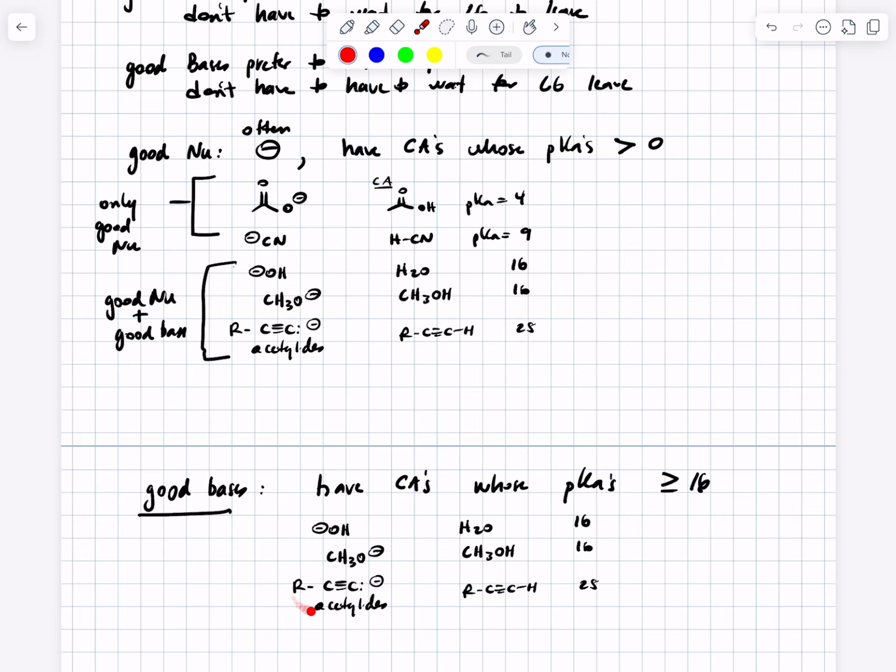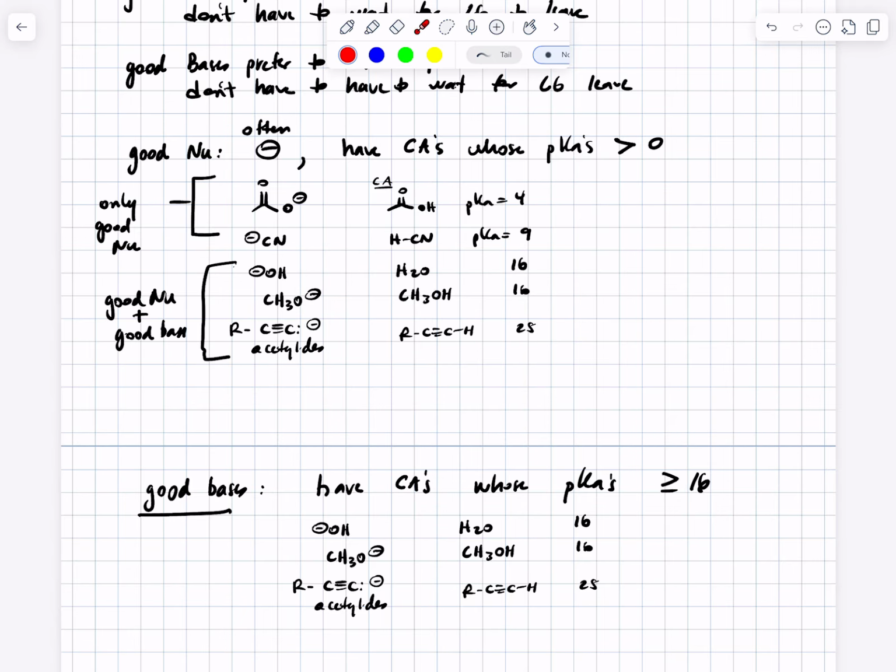So alkoxides and acetylides are all molecules that are both good nucleophiles and good bases. For molecules that are good nucleophiles, you're going to be thinking about SN2, but not about E2. For molecules that are good nucleophiles and good bases, you're going to be worried about both SN2 and E2.